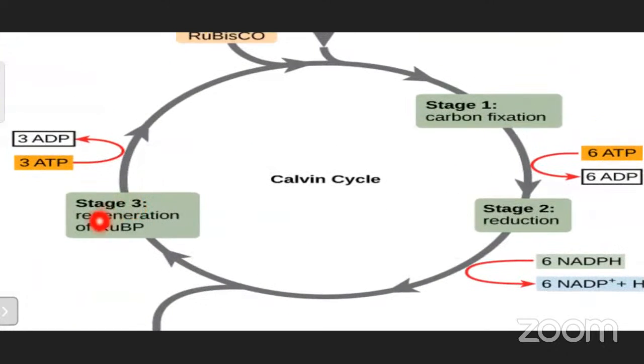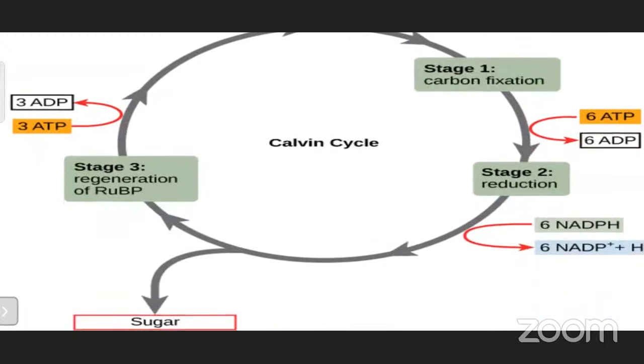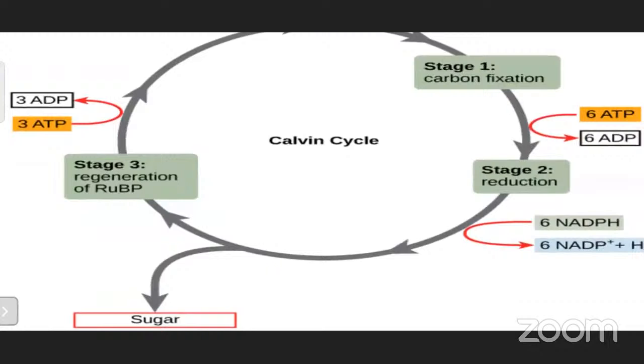The remaining 5 glyceraldehyde phosphates are going to lose 2 phosphates and get converted to ribulose 5-phosphate, because it has 5 carbons. Let us recall that 18 carbons were there. From 18 carbons, 3 carbons are removed, which means 1 phosphoglyceraldehyde is removed.